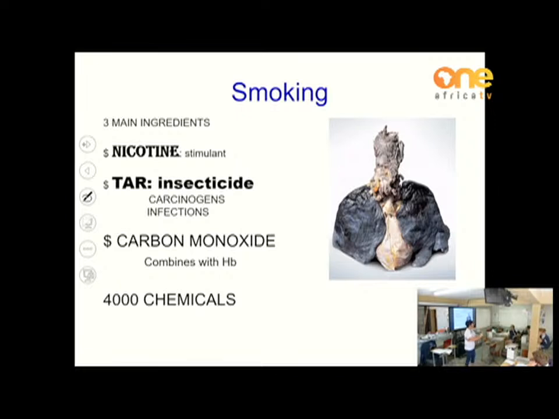So, if my hemoglobin is moving there with the red blood cells and there is carbon monoxide present, it will rather combine with the carbon monoxide. And it takes the place of the oxygen. So, the smoker thinks that he or she is inhaling oxygen. But unfortunately, much less of the hemoglobin is filled with oxygen, rather carbon monoxide.